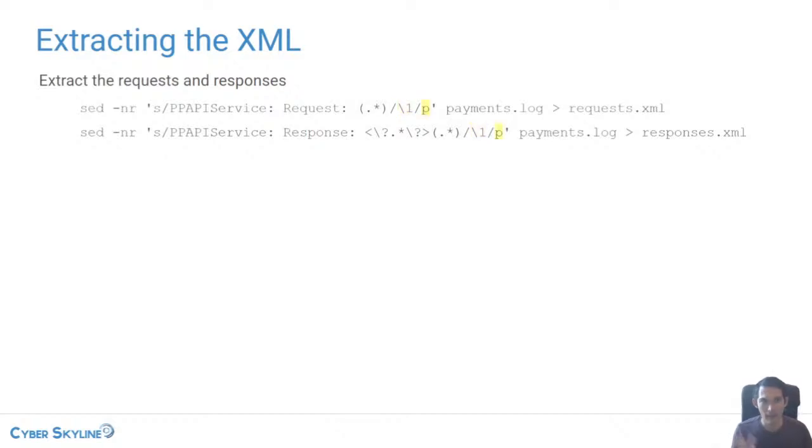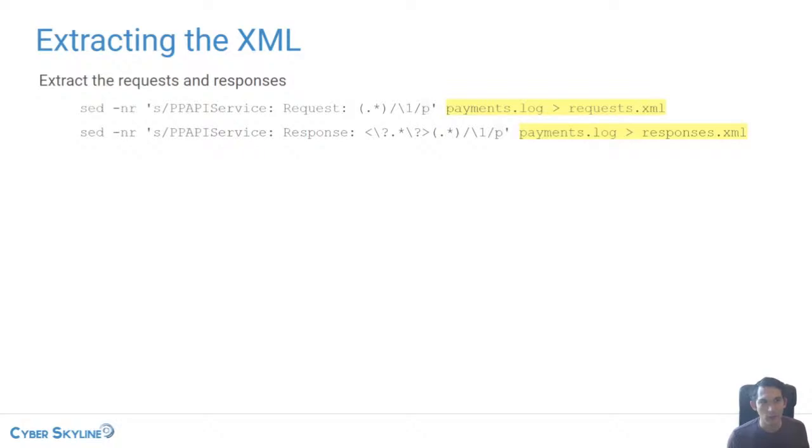And then afterwards, we have the p, the /p, and that indicates that anything that matches here, that's the line that we want to print out. Because if you remember at the beginning, we had this -n option, which said don't print out the lines by default. And so we need to provide this p option here to specify that any line that matched our command here, we want to print that out.